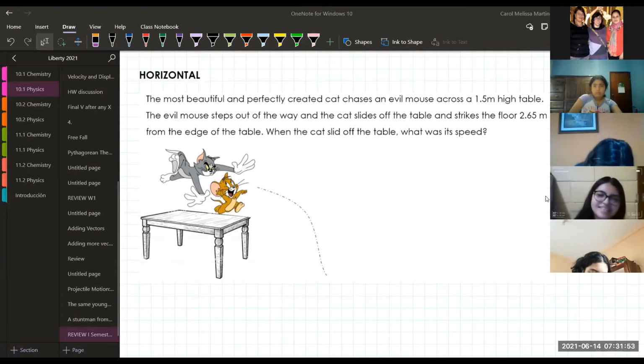The evil mouse steps out of the way, and the cat slides off the table and strikes the floor 2.65 meters from the edge of the table. When the cat slid off the table, what was its speed? So we need to find the cat's speed at the moment it leaves the table.